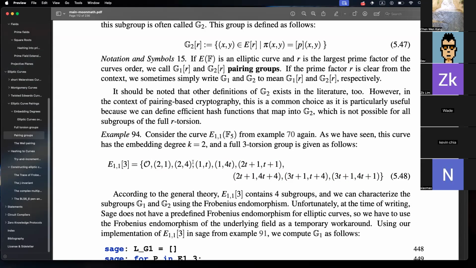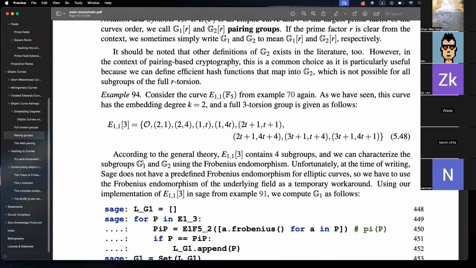Originally, I believe the elliptic curve only has these few points, and not the points with the additional variable. So this is calculating based on the elliptic curve over the extended field. That's why it's a full r-torsion group in this case.